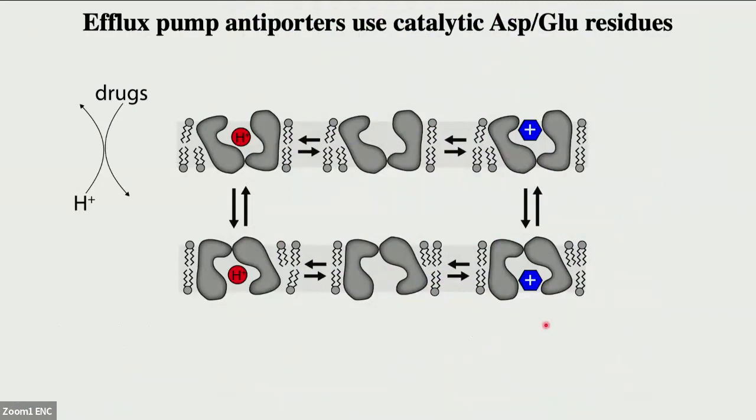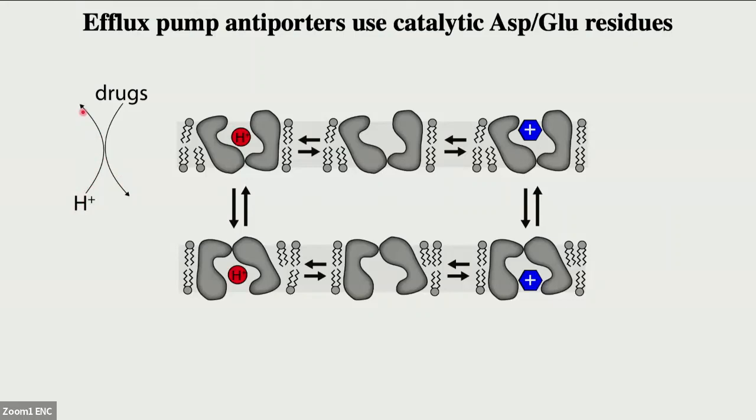4 out of the 5 major families of efflux pumps perform a fairly simple reaction across a membrane, which is to efflux drugs out of the cell, and that energy source is provided by a proton gradient. So both a chemical and electrical potential, the proton motive force, of that proton being pumped.